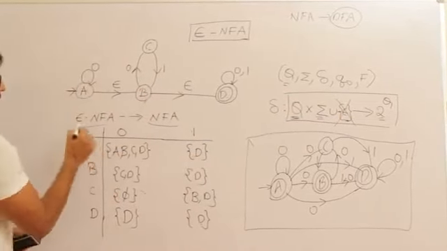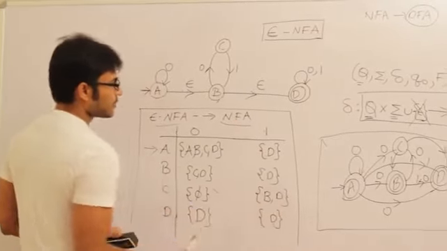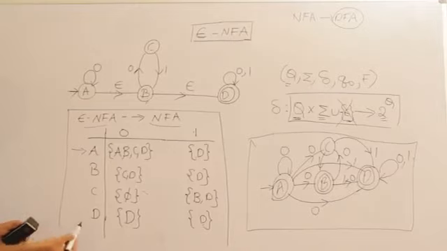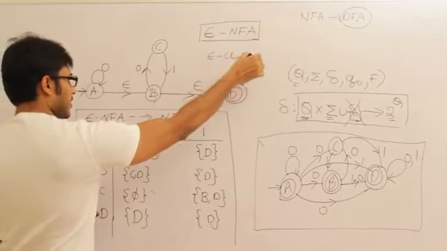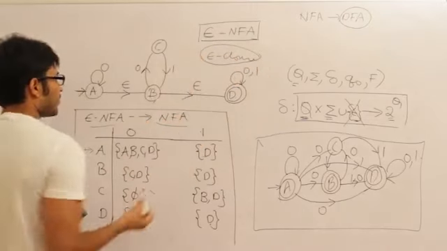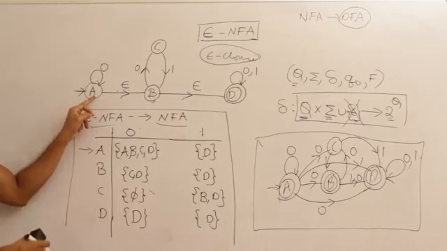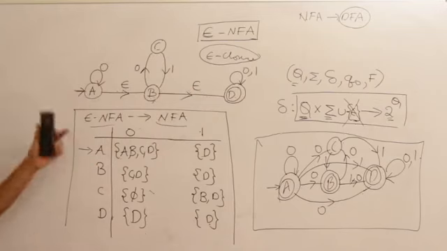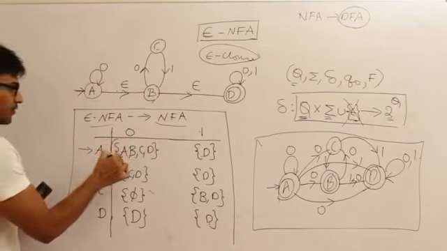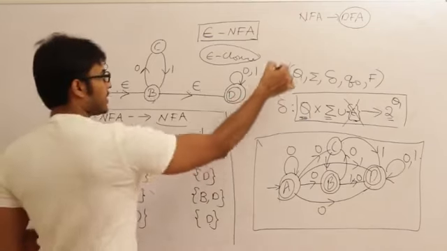Once you have found this out, now we have to construct the state transition table. In order to construct this state transition table, we need a property called epsilon closure. What is epsilon closure? Epsilon closure is nothing but the set of all states which can be reached from some state. If I say epsilon closure of A, it is nothing but the set of all states reachable from A. Then if I have to fill some entry, you have to write like this.